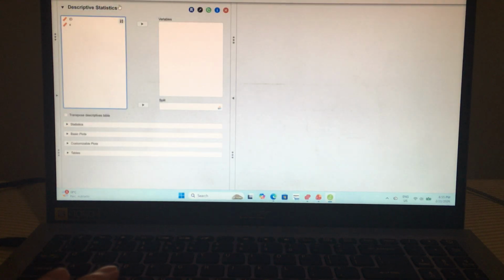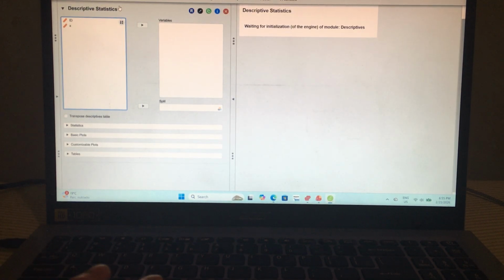And again, we're going to first use the descriptive statistics setting. So we open up descriptives and we choose descriptive statistics, and we're using the Zeppo file, and we're going to move our X to the variables box.